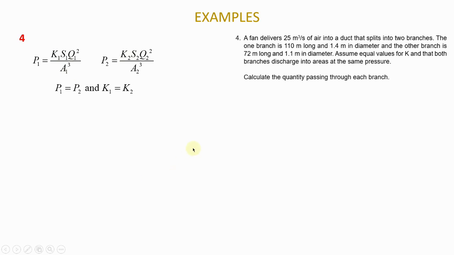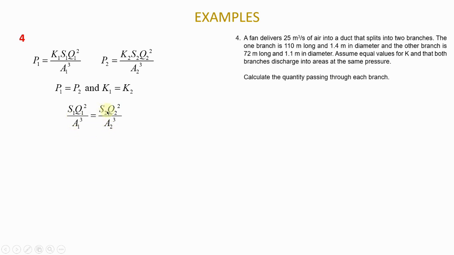So what you will remain with is S1 Q1 squared divided by A1 cubed equals S2 Q2 squared divided by A2 cubed. Remember, we are told that we need to find the flow rate in each of the branches, so we're trying to find Q1 and Q2, but before we can do that, let us first find A1, S1, A2, S2.